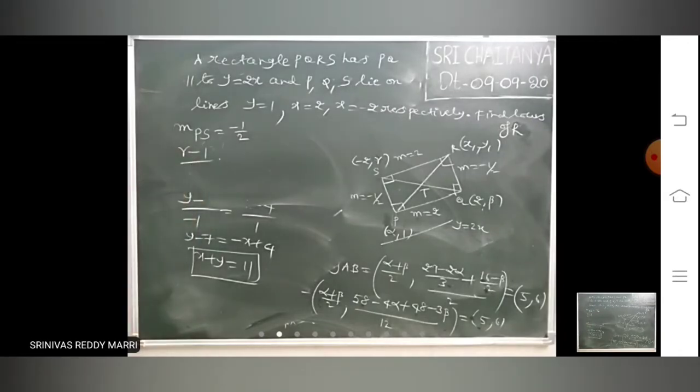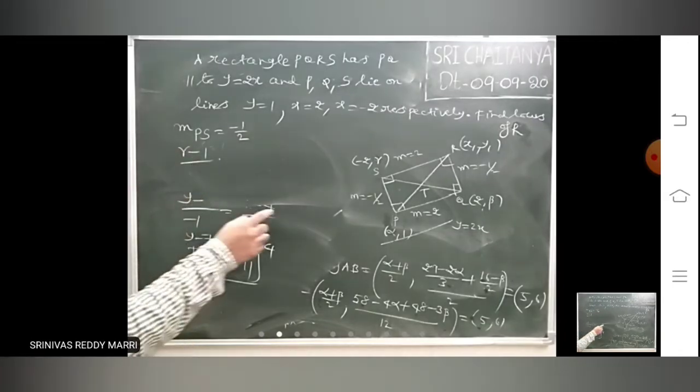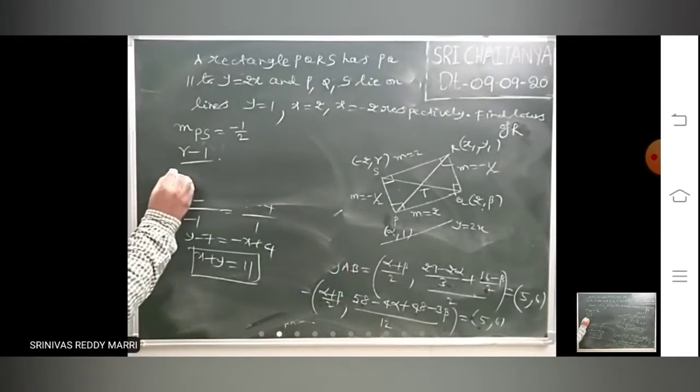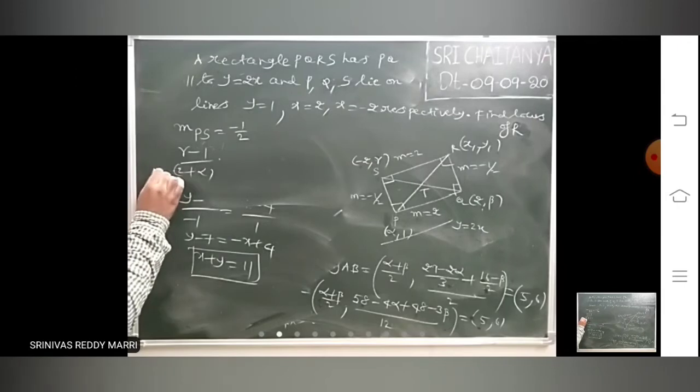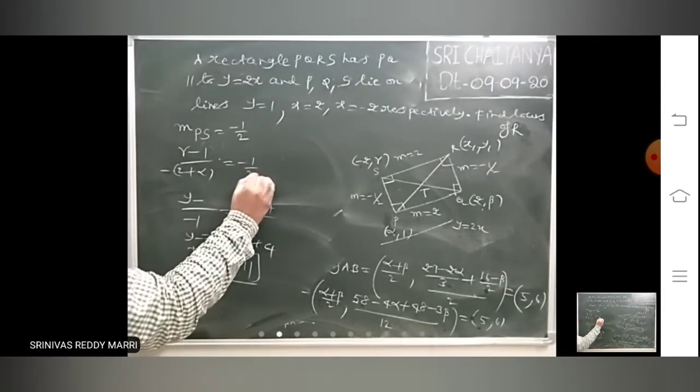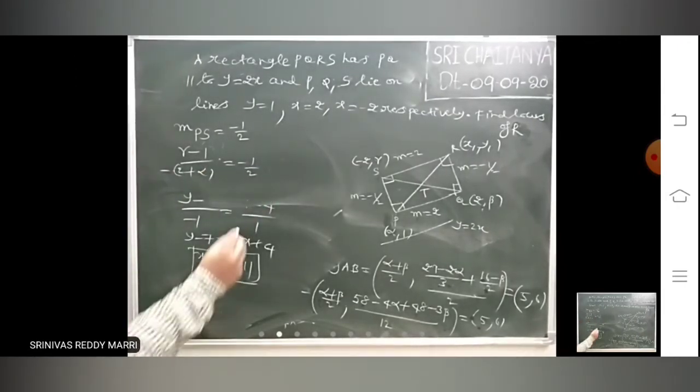Gamma minus 1 divided by minus 2 minus alpha, so minus of 2 plus alpha equal to minus 1 by 2. I am applying this condition.